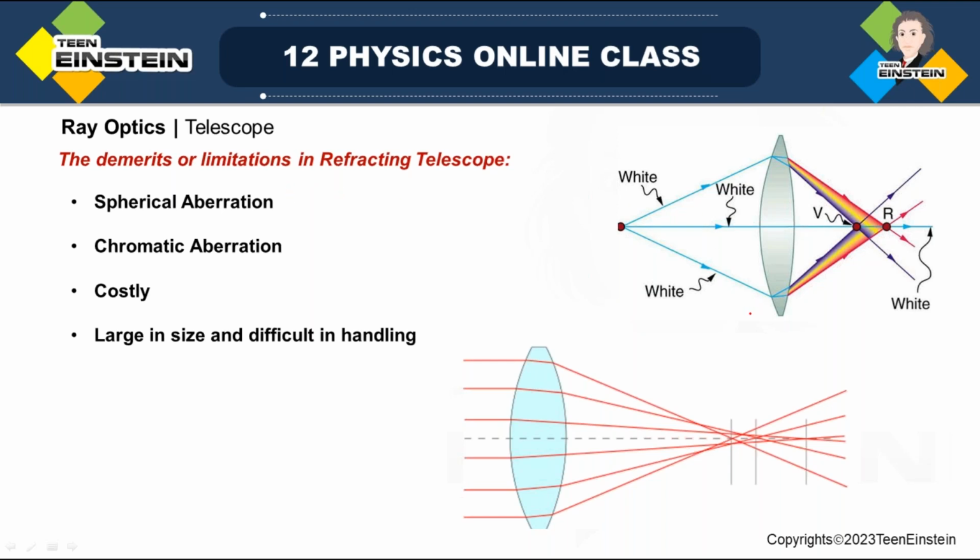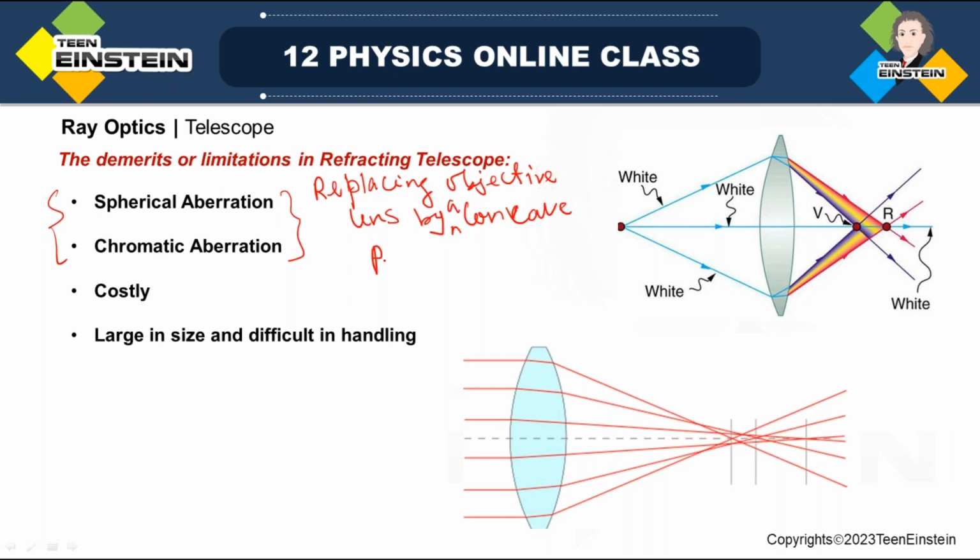In the reflecting telescope, both the aberrations, both kinds of demerits, were removed by only one arrangement or one solution, that is replacing the objective lens by a concave paraboloid mirror.